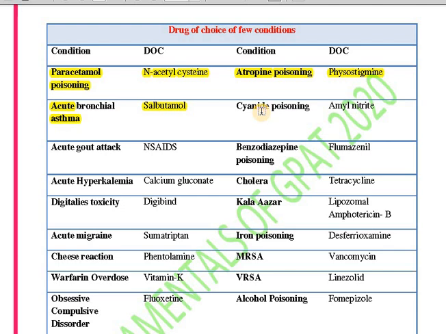ड्रग इज साइनाइड पॉइजनिंग। इन केस ऑफ साइनाइड पॉइजनिंग, amyl nitrate is a drug of choice. Okay, you must remember drug of choice in cyanide poisoning is amyl nitrate.